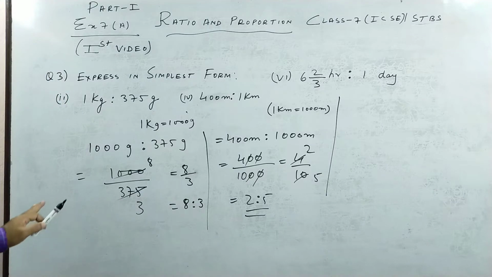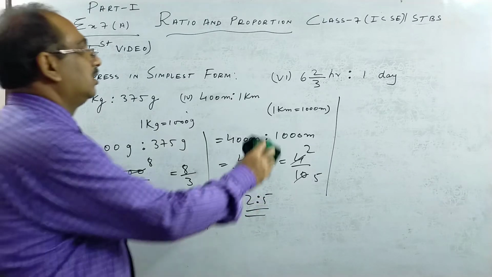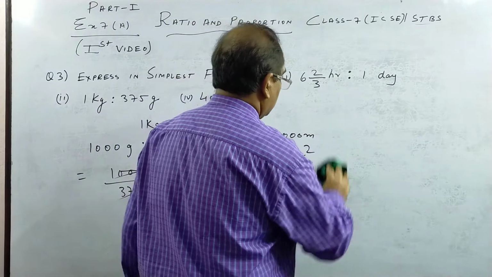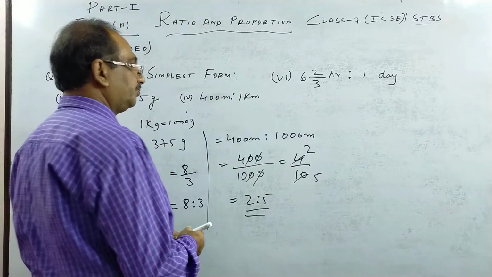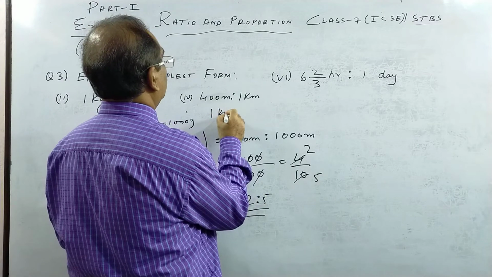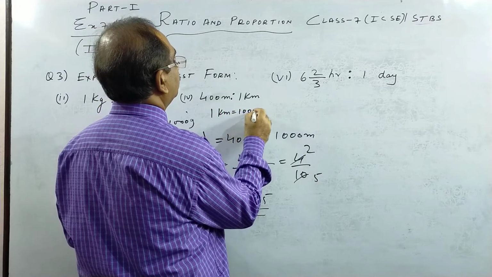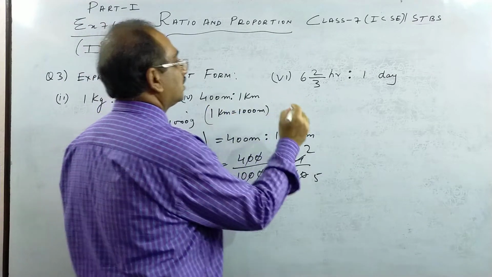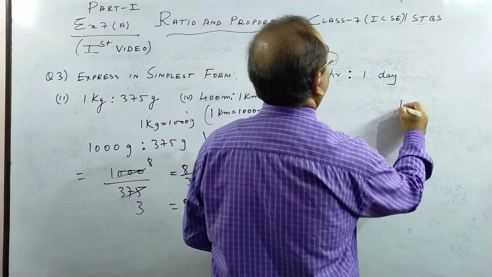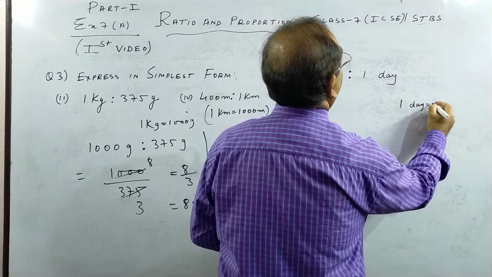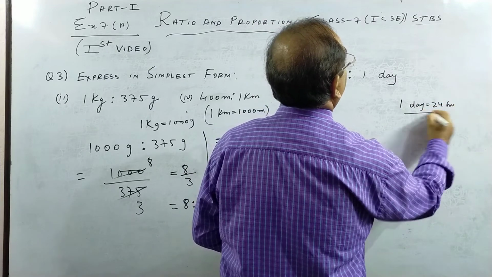So we move on to part 6. So just I'll rub this. 1 kilometer is equal to 1000 meter. So here same way, children, we have to do. On the side you can write 1 day is 24 hour.